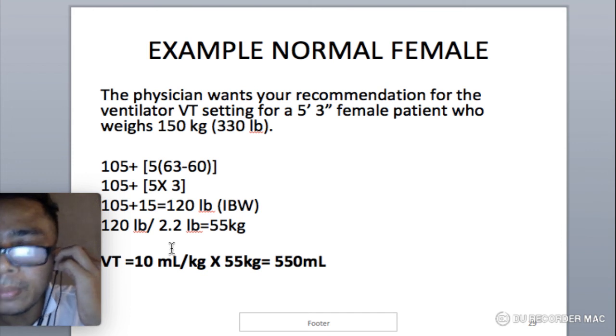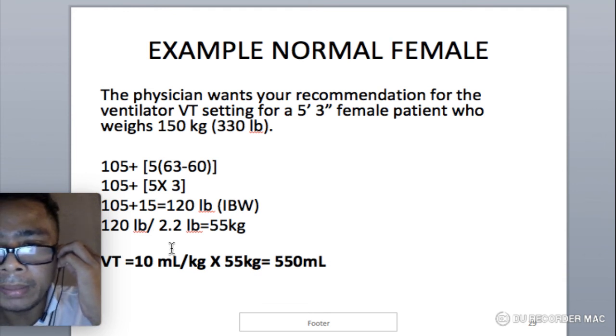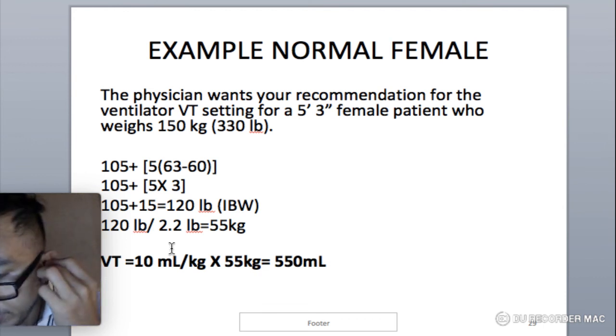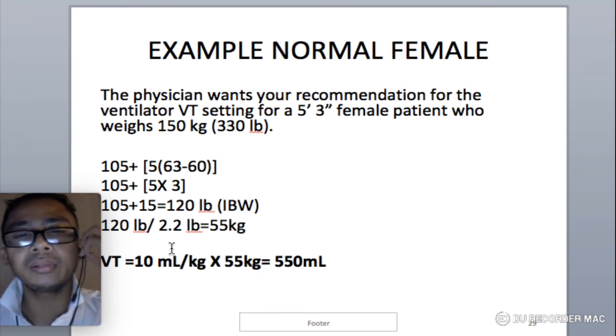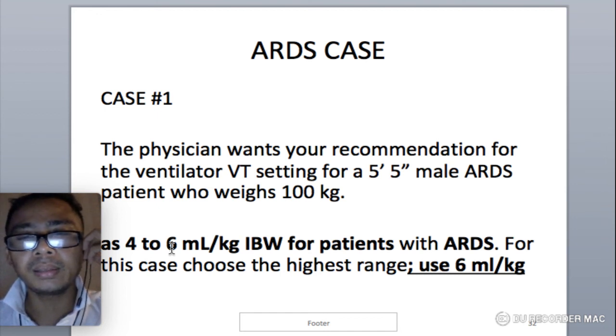Nakita nyo because 10 times 55 kilograms, the 55 is derived from the ideal body weight formula, and 10 ml is based to the normal lung condition, because in your case study is based to a normal lung, so 8 to 10. So in the second ARDS, it's based to 4 to 6, but as the rule, choose the highest range of, like for example, 4 to 6, the 6 will be the multiplier.